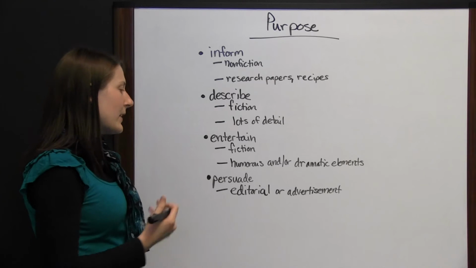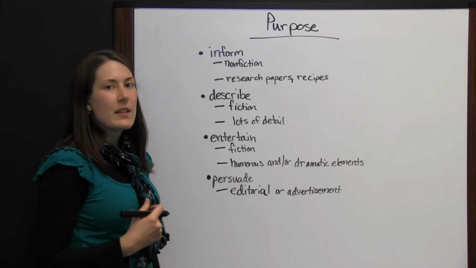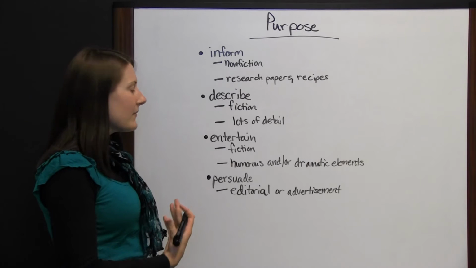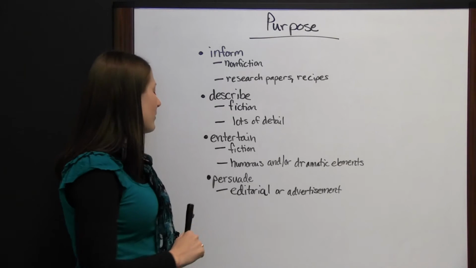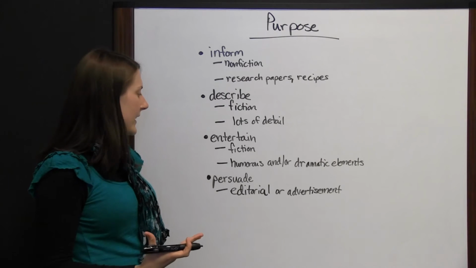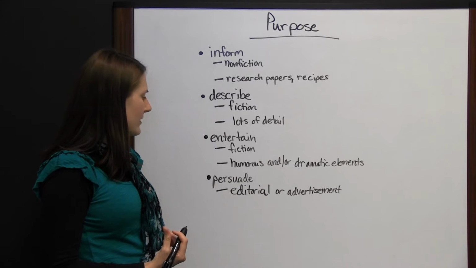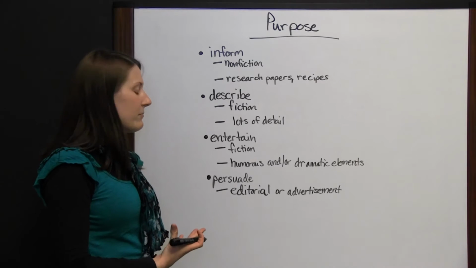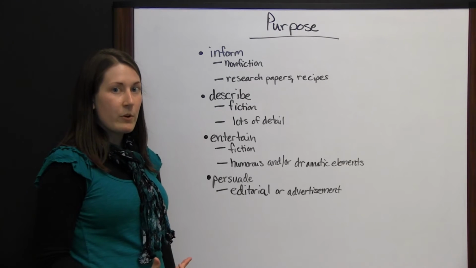So advertisements are going to be one of the primary places that you see persuasive writing. An editorial in a newspaper may lean toward or against a certain topic or candidate in a political campaign, and so those are also written to persuade you one way or the other.